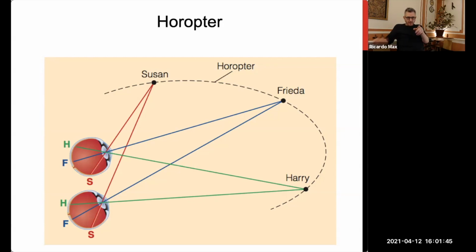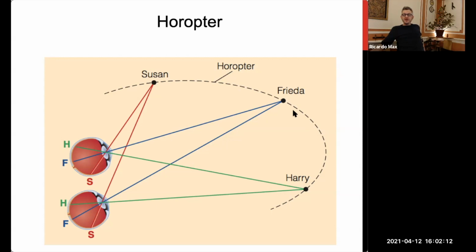If you're fixating on this point, and Susan and Harry are the same distance from your eyes, Susan will fall on corresponding points on the same retina, to the same size and the same distance on the retinal area. Okay, the same for Harry.